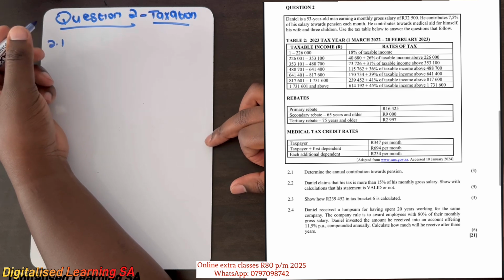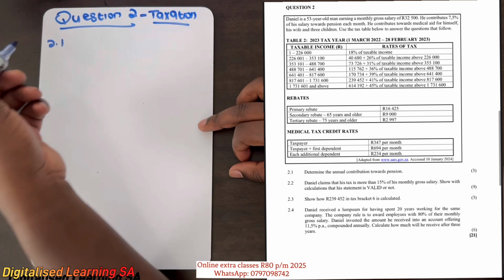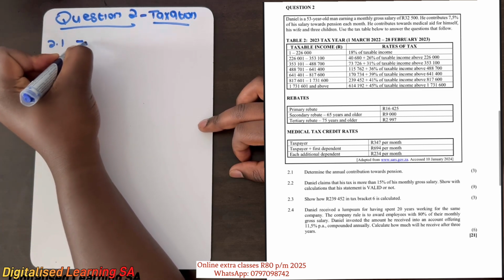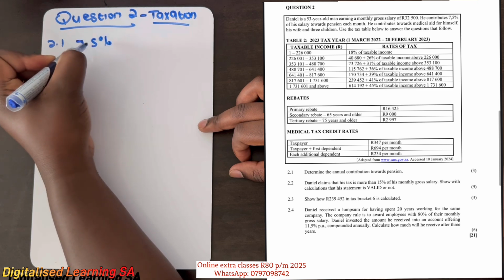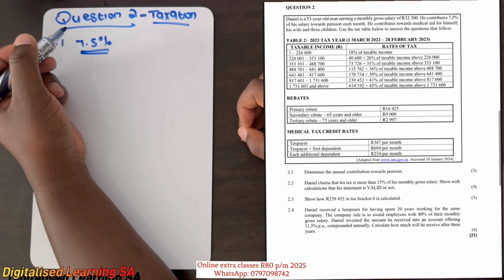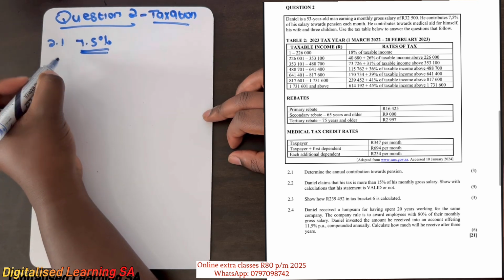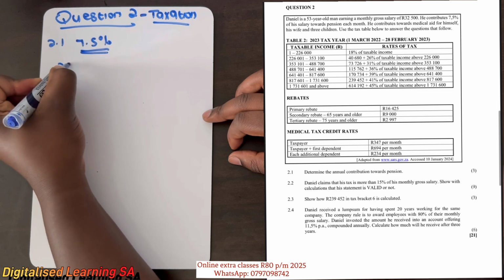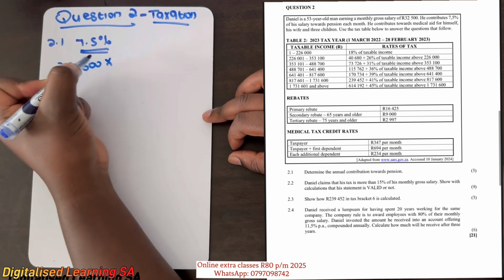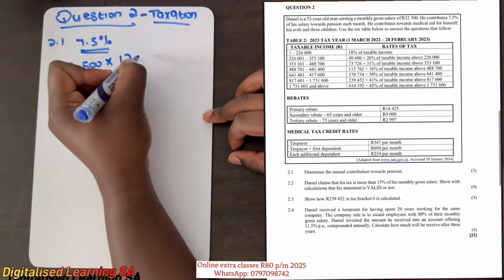Question 2.1 says: determine the annual contribution towards pension. We know that he contributes 7.5%. So let's first find out how much he earns in a year. We take his monthly gross salary of 32,500 and multiply by 12 to convert it to annually.